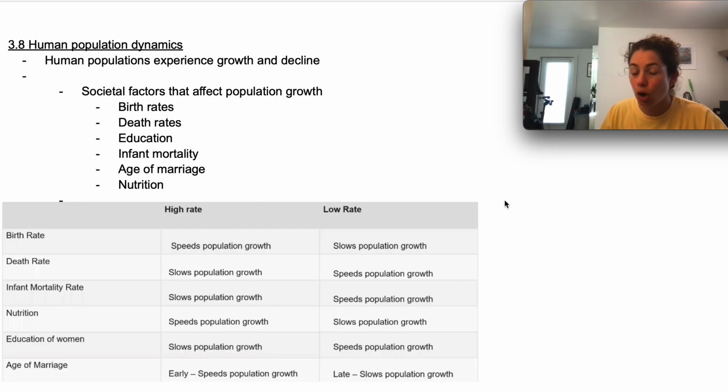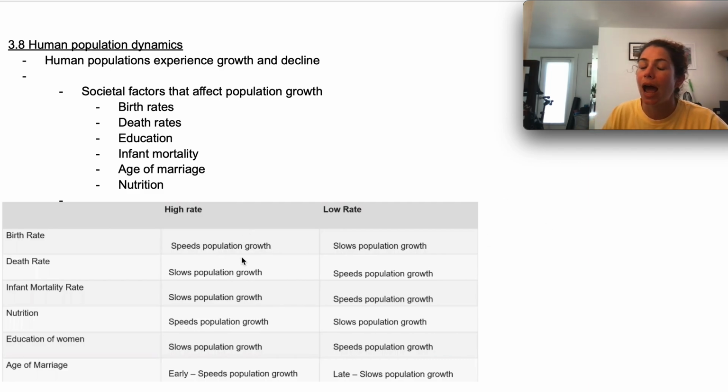So what impacts how a population will grow? What impacts how a population will grow is your reproductive rate, your birth rate, and your death rate. What impacts whether the birth rate will be greater than the death rate is education, infant mortality, age of marriage, and nutrition.